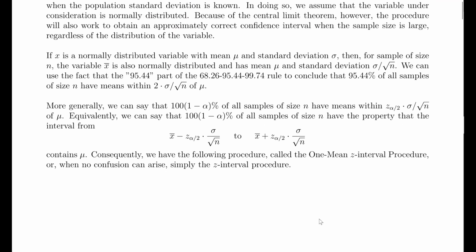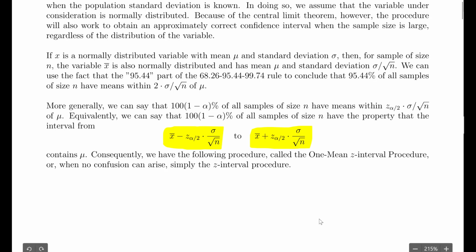So here we're going to look at a couple of formulas that help us calculate the confidence interval. The confidence interval, like I said earlier, generically would be between some value A and B. Specifically, the way we find the confidence interval is x bar minus z sub alpha over 2 times sigma over square root of n, to x bar plus z sub alpha over 2 times sigma over square root of n.